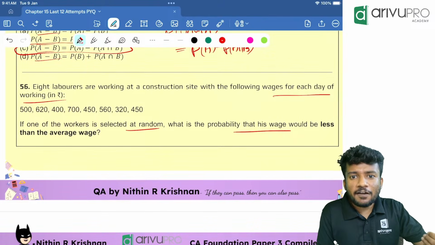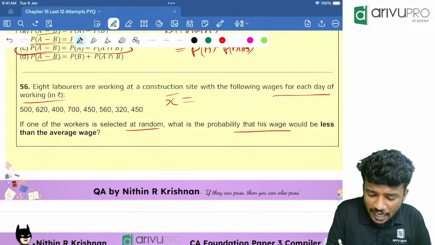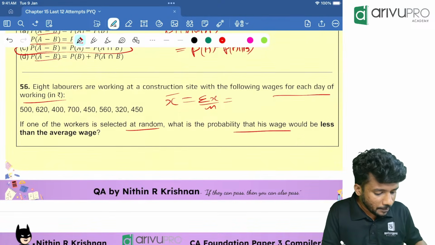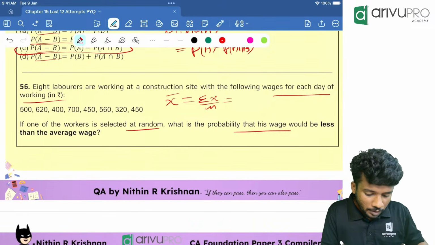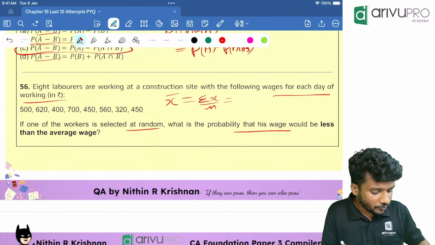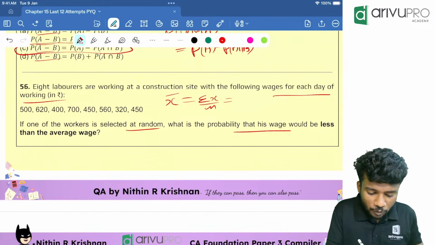We need to first find the average. X bar is sigma x divided by n. Sigma x is 500 plus 620 plus 400 plus 700 plus 450 plus 560 plus 320 plus 450, then divided by how many are there?